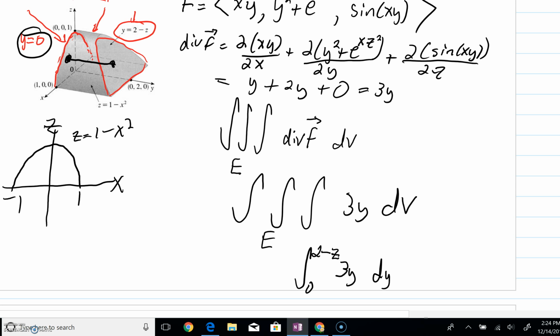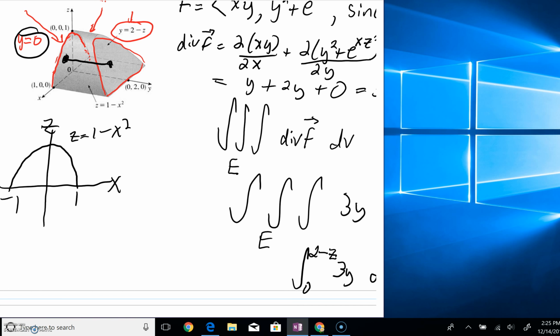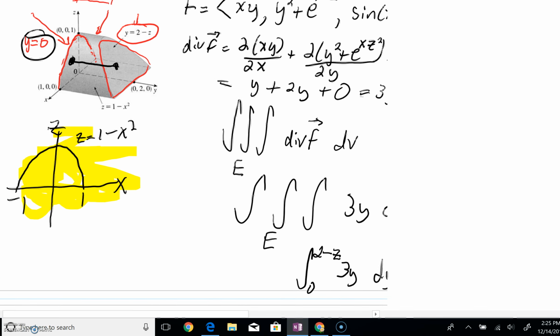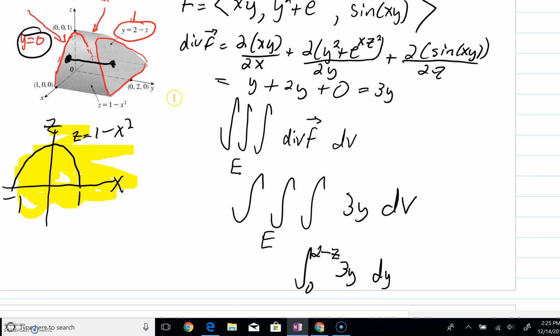Then we could condense that solid onto the xz plane. And the wonderful thing is, as you condense the solid to the xz plane, you're going to really just wind up with what we started off with right here. Imagine that as the whole solid is condensed, we've dealt with our y. Now let's deal with our remaining boundaries.